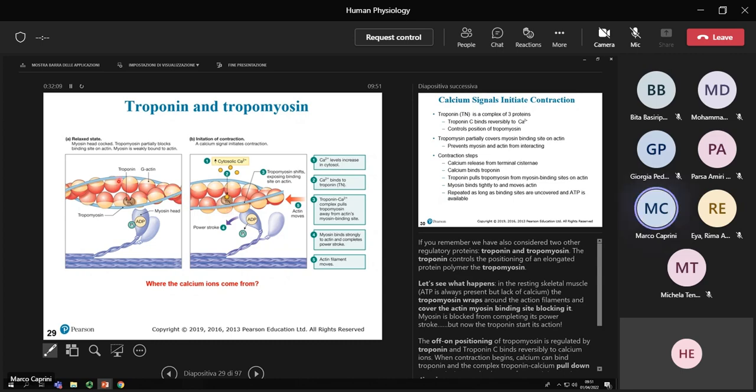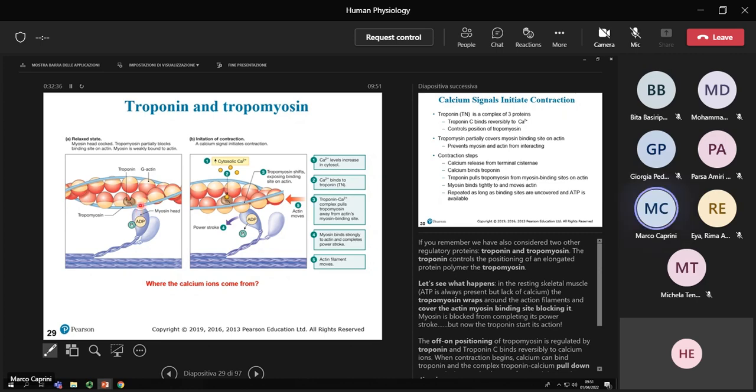In the resting skeletal muscle, the ATP is always present, but calcium is lacking. The tropomyosin here wraps around the actin filaments and covers the actin myosin binding site, blocking the two sites.